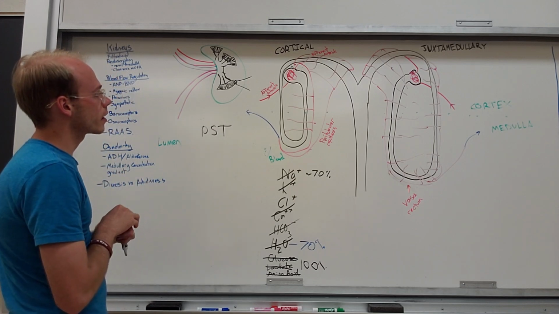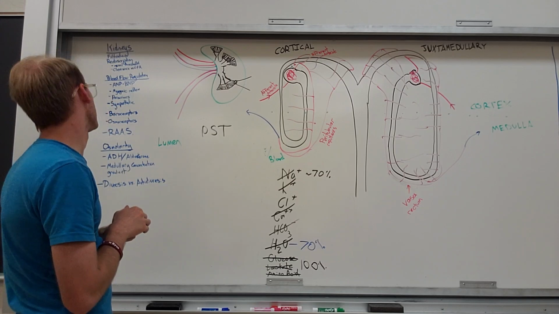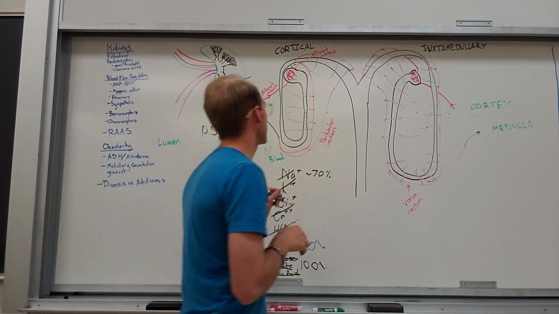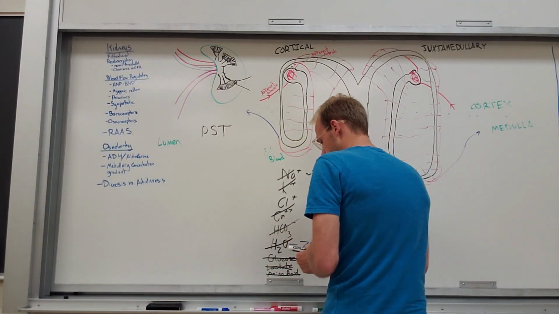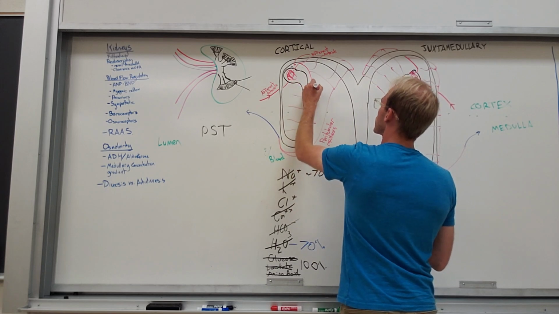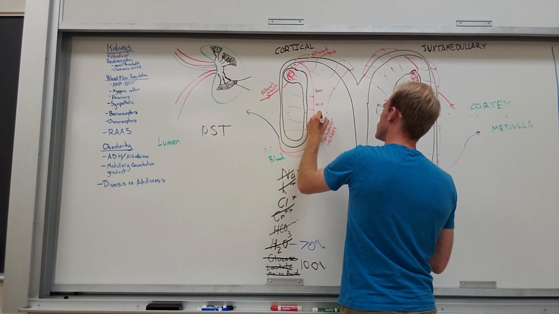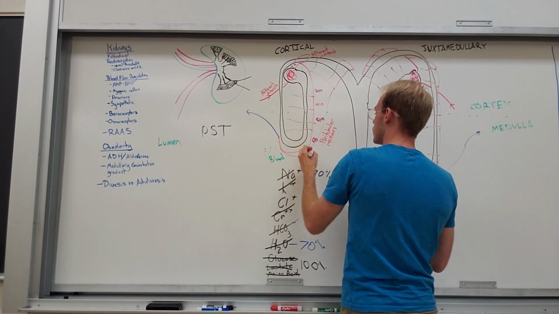Now, the next thing that we will talk about. This is the descending tubule. We're going to have to draw. I'm going to get myself some little notes here. So I'm starting at 300, 400, 500, 600.